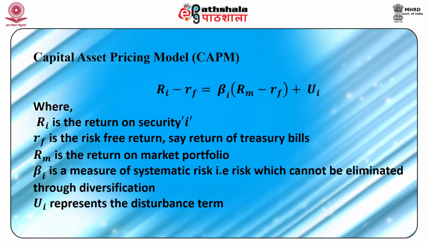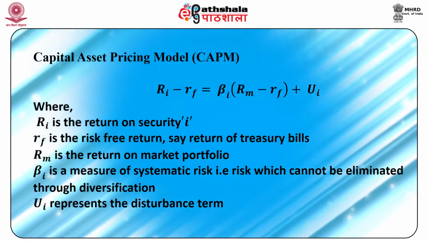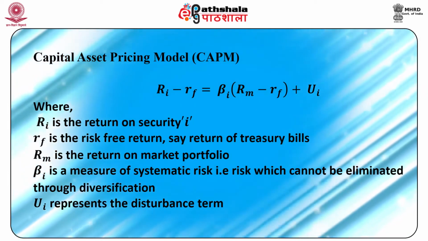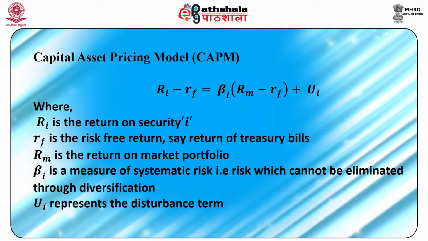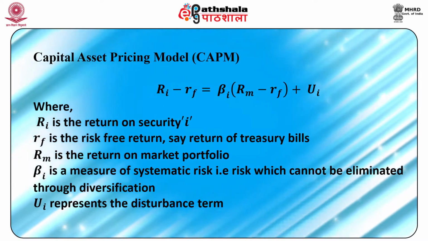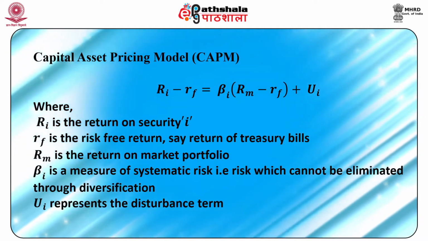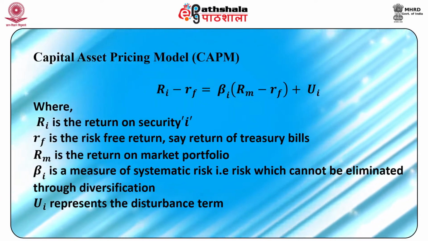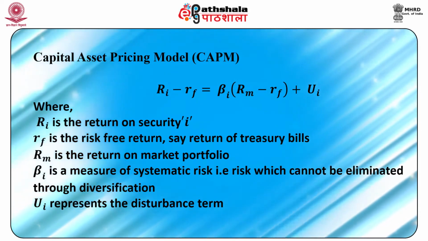The CAPM postulate can be empirically expressed as follows: Ri minus Rf is equal to beta i into Rm minus Rf plus mu i, where Ri is the return on security i, Rf is the risk-free return, say return of treasury bills, Rm is the return on market portfolio, beta i is the measure of systematic risk, which is risk which cannot be eliminated through diversification, and mu i represents the disturbance term.